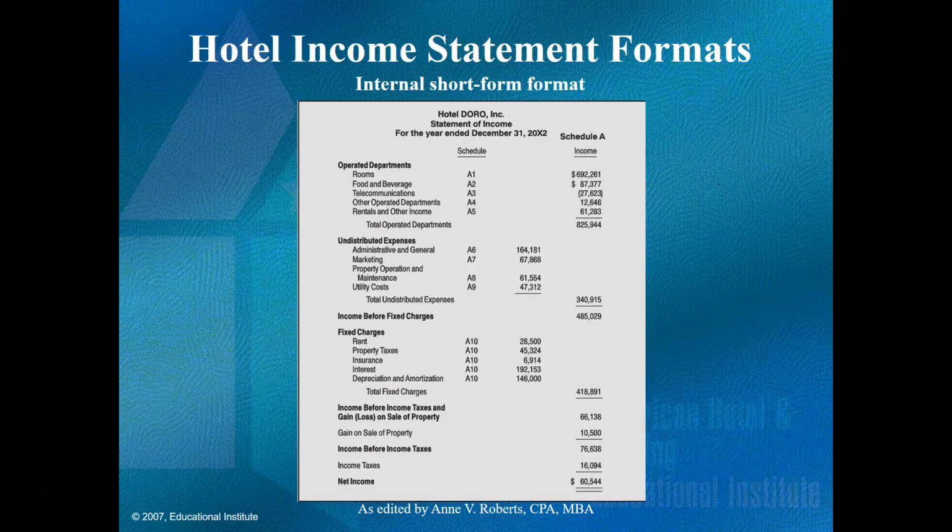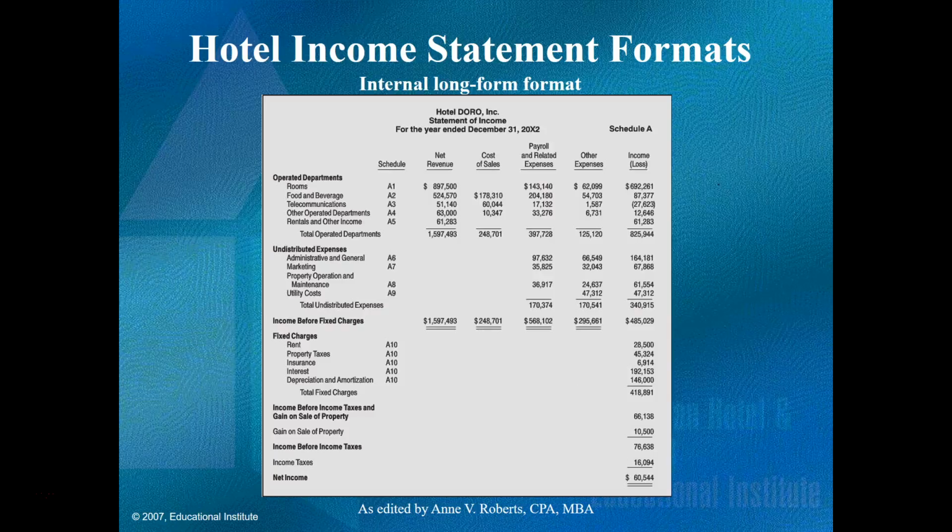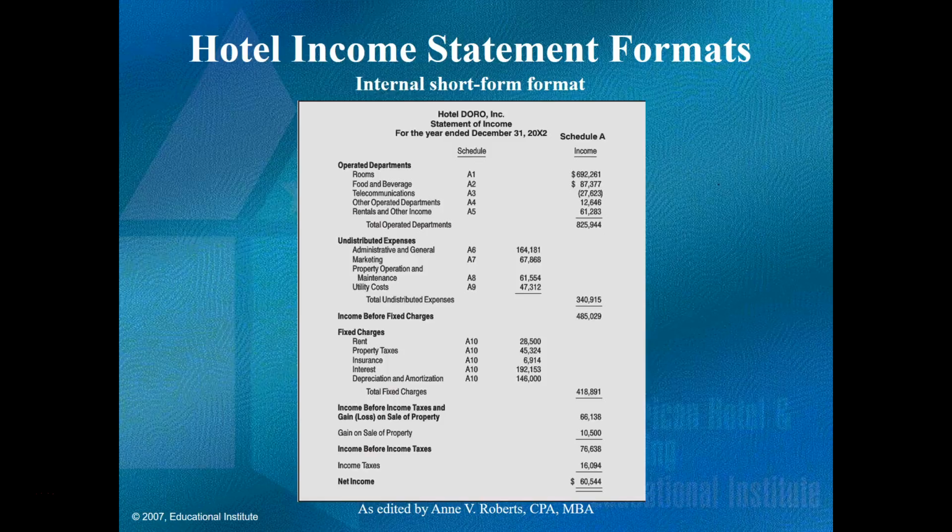Again, same thing here. Under our undistributed expenses, we lose a lot of detail, but those numbers should look fairly familiar because here they are right here. And then the remainder of it is the same.